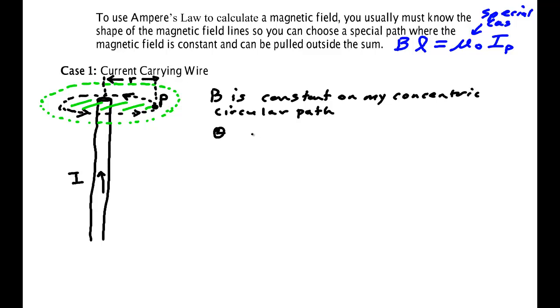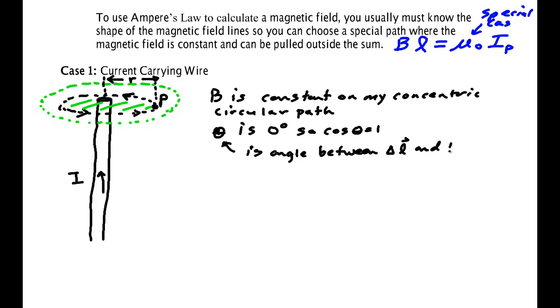Theta is 0 degrees, so cosine theta is 1. I remind you that theta is the angle between delta L, that is the small piece of the path at any point.